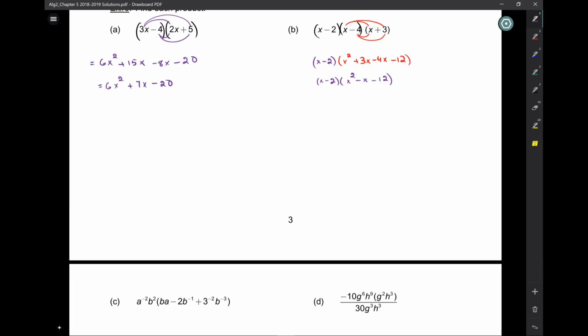Okay, distribute. Now this is why I don't like FOIL, because now if you have 3 terms and 2 terms, there is no first, inner, or last. But we can distribute the x to everybody, and I get x cubed minus x squared minus 12x. And the negative 2 to everybody.